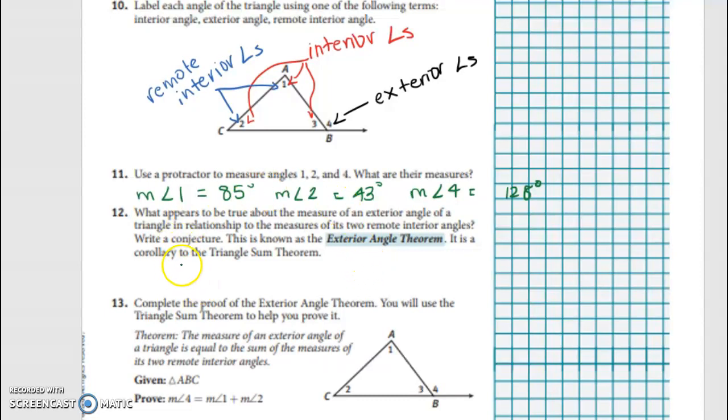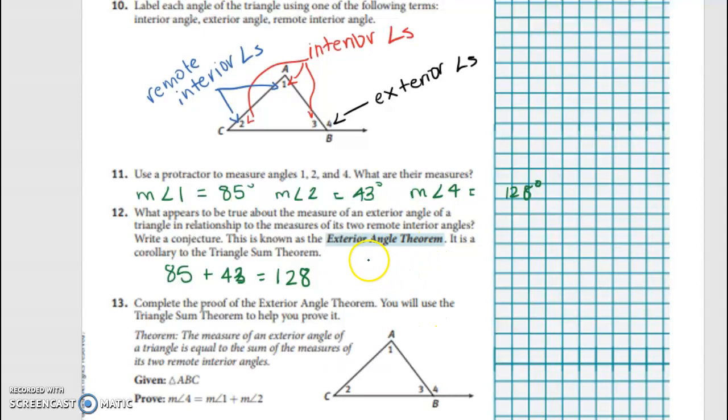Hopefully you guys took this time and you realized that the measure of angle 1, 85, plus the measure of angle 2, 43, is actually equal to 128, which is the measure of angle 4.